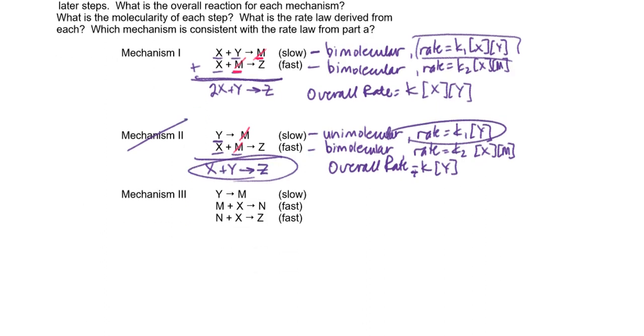Now let's look at 3. Again, one reactant molecule in the slow step, so that's unimolecular. But each of the subsequent 2 steps have 2 reactant molecules apiece, so that means each of those steps are bimolecular.